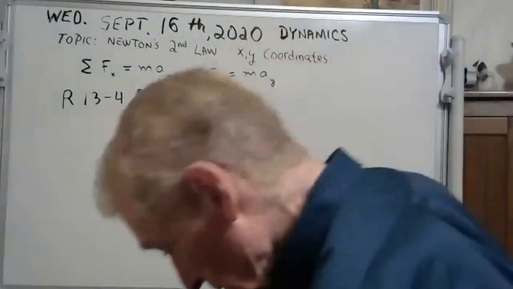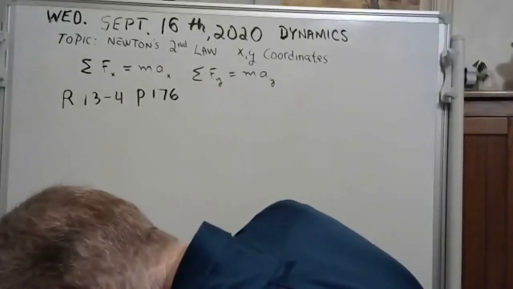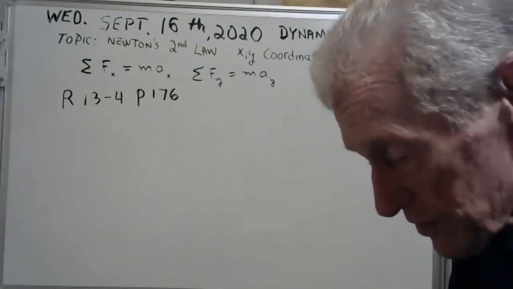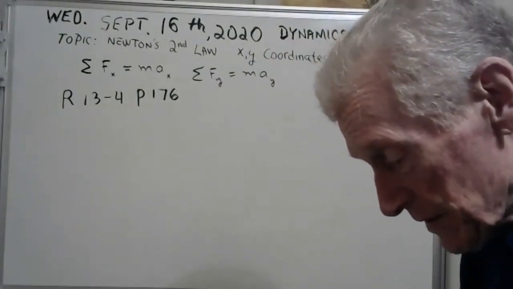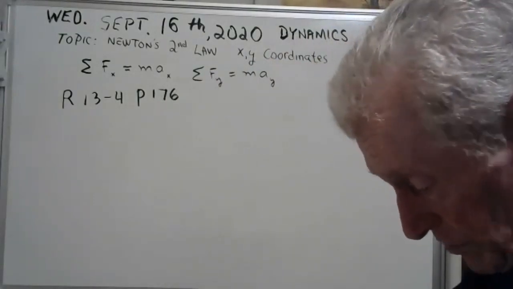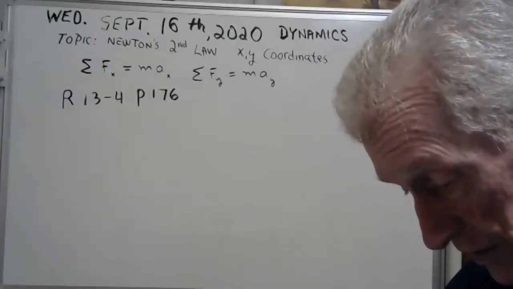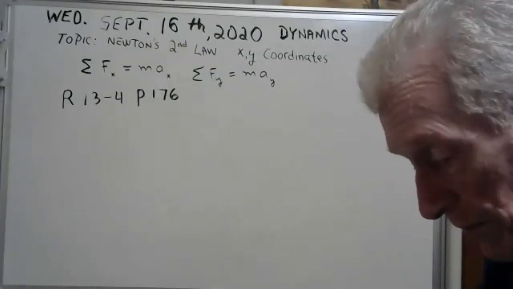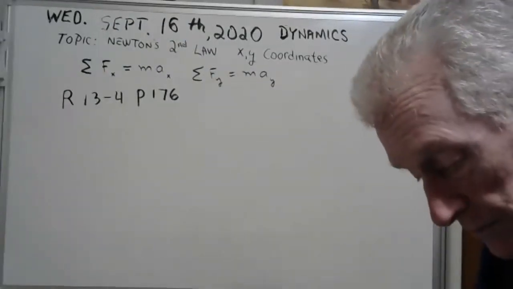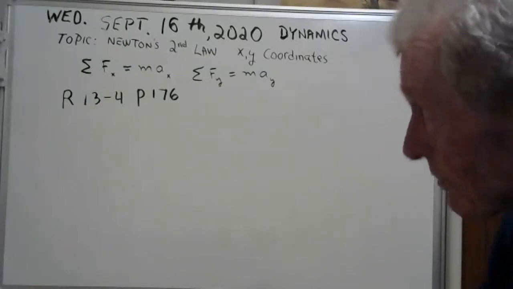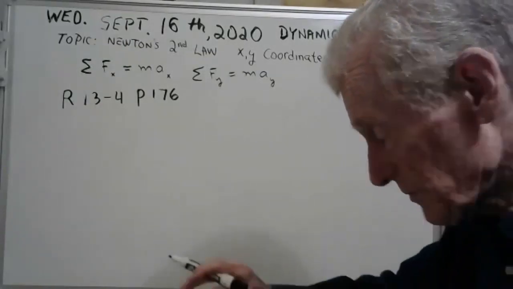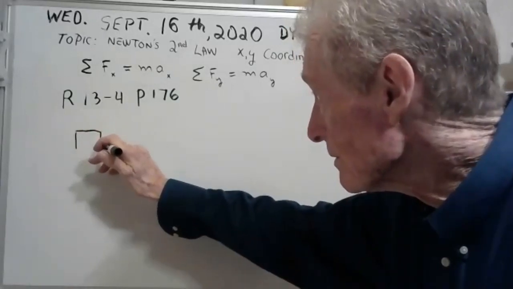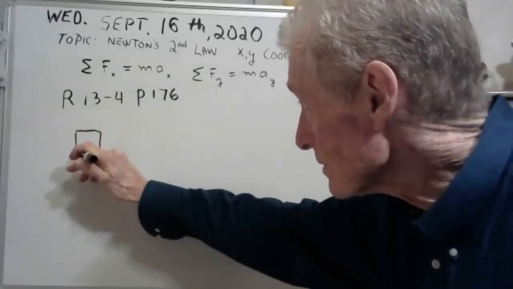What I like about these problems in the book is if they have answers, you can go to the back of the book and check the answer, and if you get the answer they got, it makes you feel like, hey, maybe I'm learning this stuff after all. Okay, now this is R13.4. There's a crate here on a level surface.